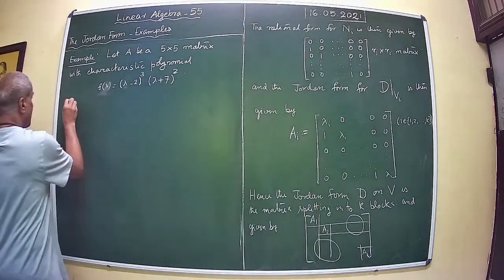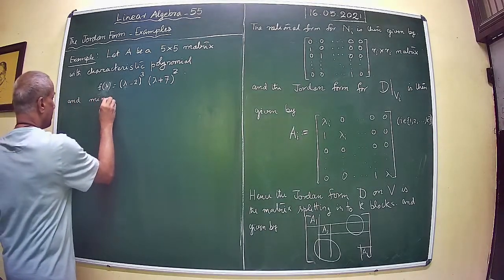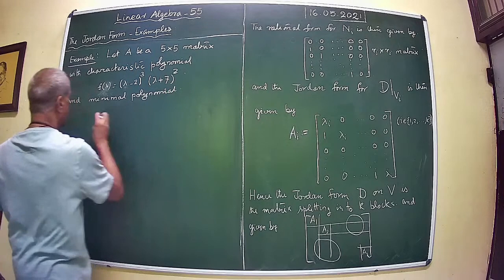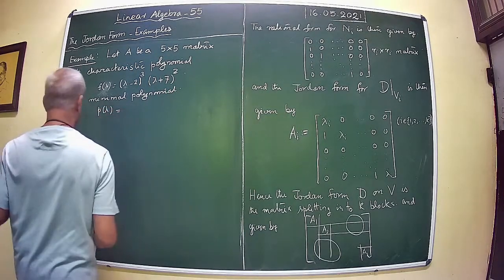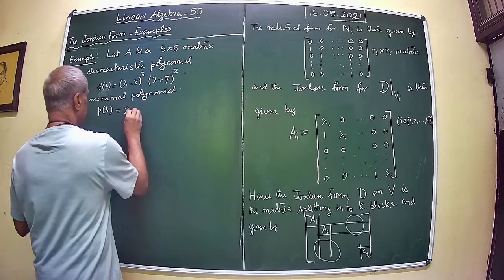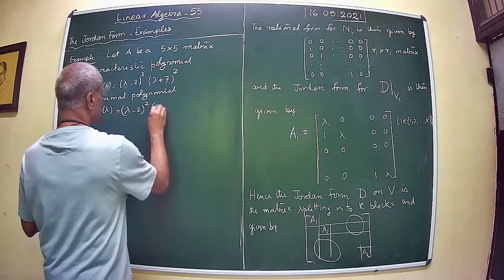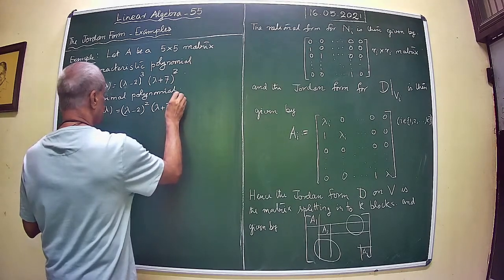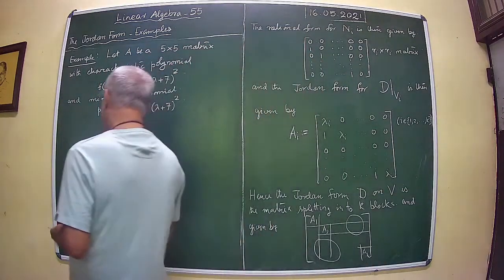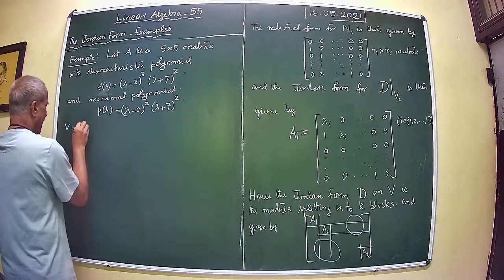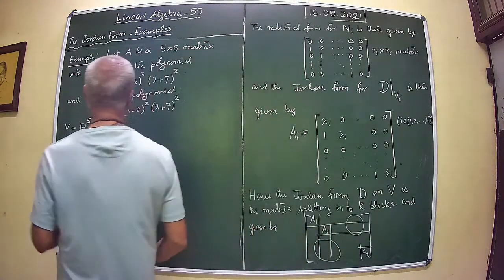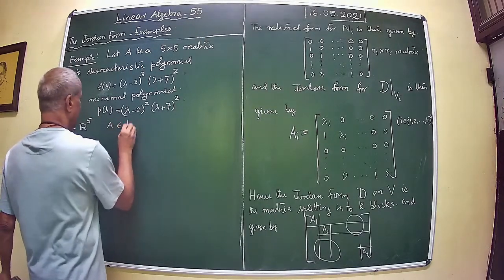Now let us take V to be equal to R5 or C5 because all the roots are here. Okay, then A belongs to L.